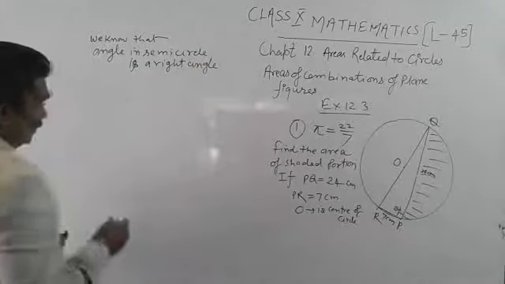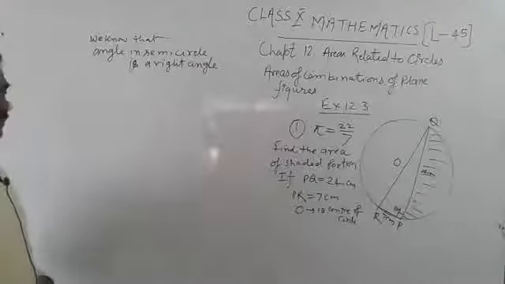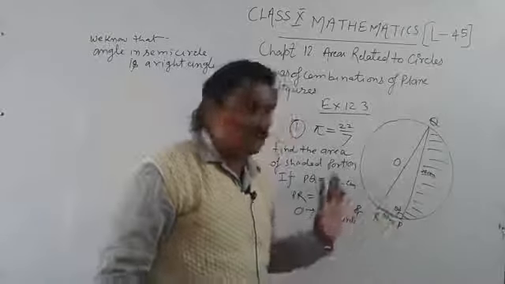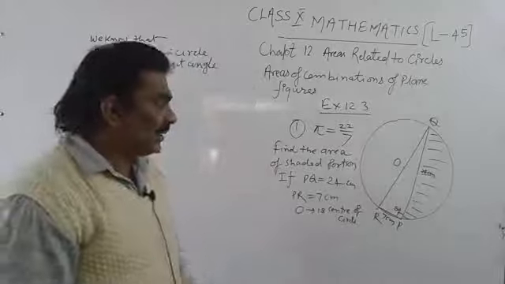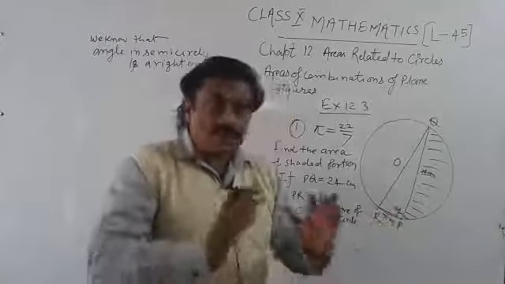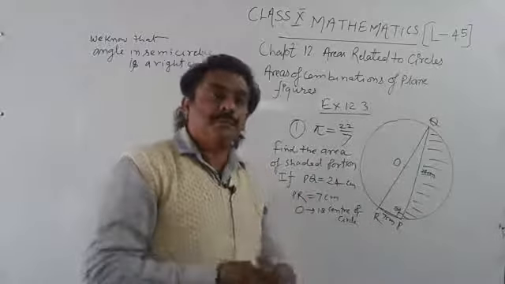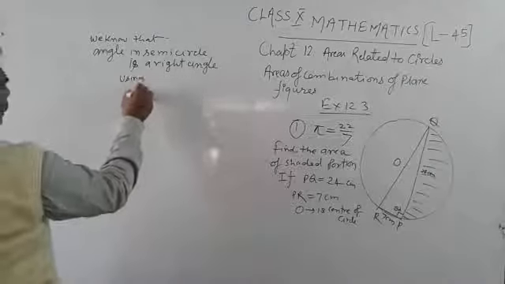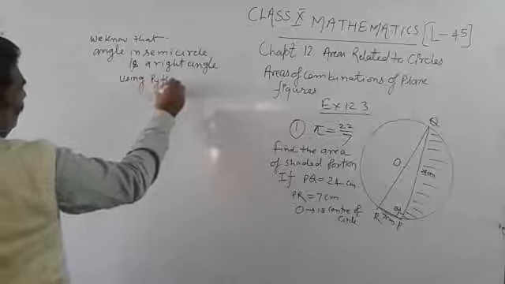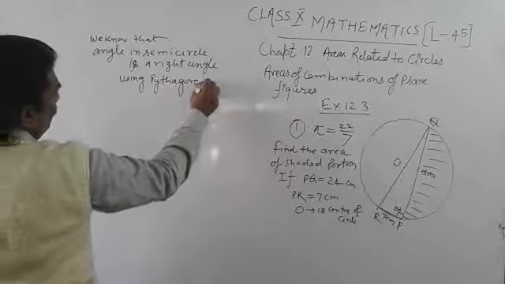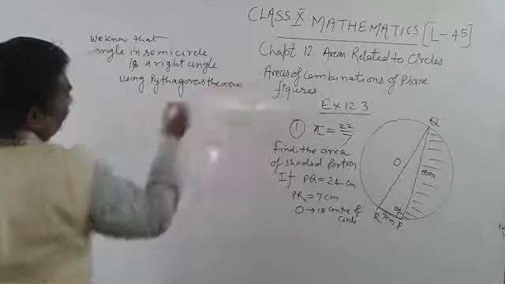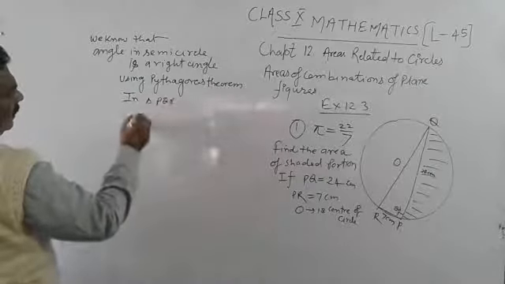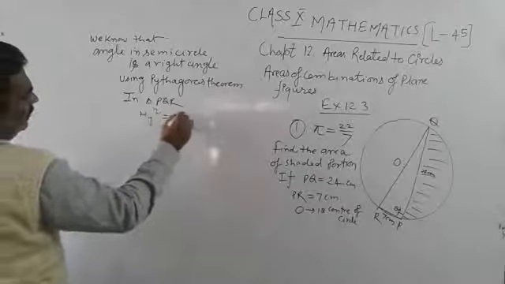Okay, students. So, if it is a right angle, then we can say triangle PQR is a right angle triangle, and in this right angle triangle, if two sides are given, then we can find the third side with the help of Pythagoras theorem. So, now using Pythagoras theorem, in triangle PQR, hypotenuse square is equal to perpendicular square plus base square.